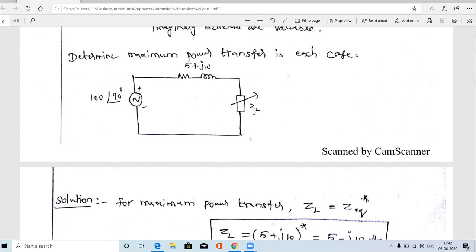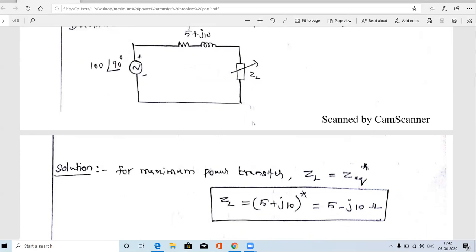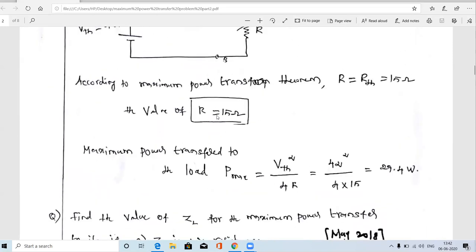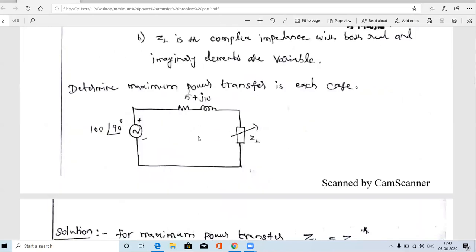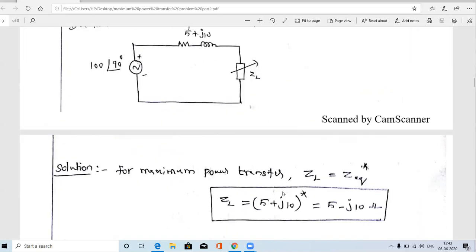But what is the condition? For maximum power transfer, if it is a DC circuit, the previous problem is a DC circuit, then the load resistance RL must be equal to RTH. If it is an AC circuit, instead of RL, we call it the load impedance ZL.